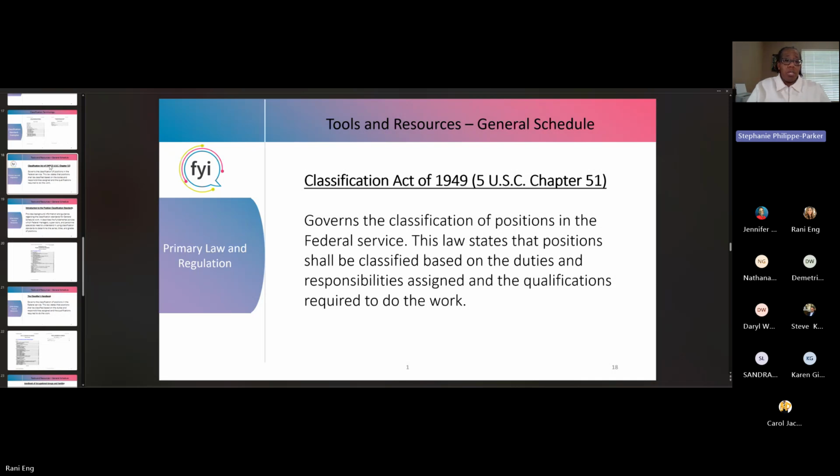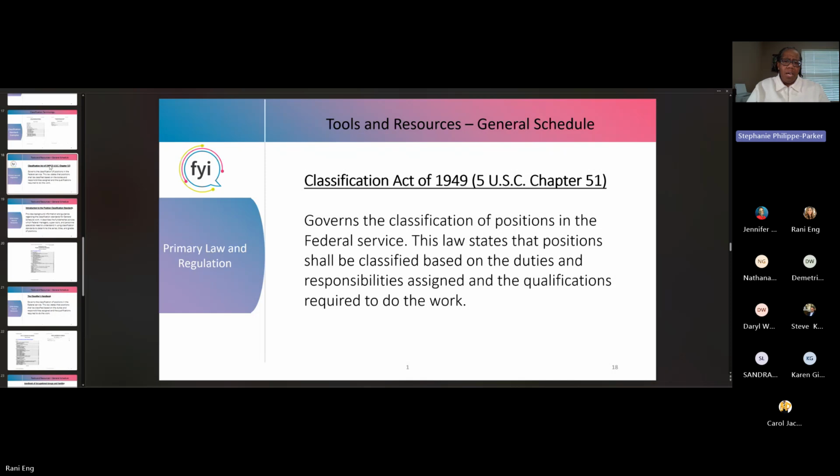The rules of classification are set forth by the Classification Act of 1949, Title V of the U.S. Code, Chapter 51. It governs the classification of positions in the federal service. It dictates how positions shall be classified based on the duties and responsibilities assigned and the qualifications required to do the work.